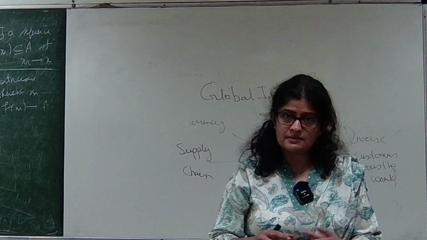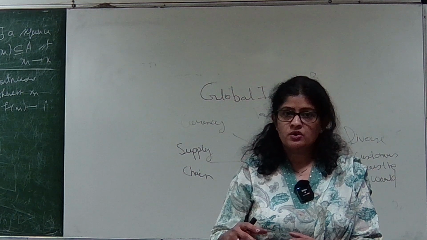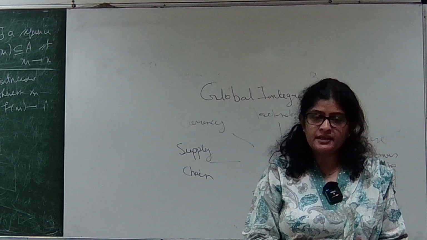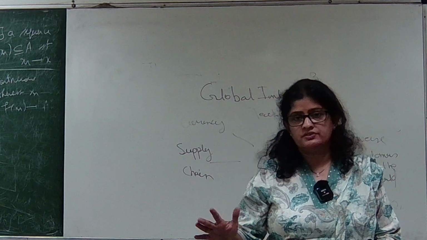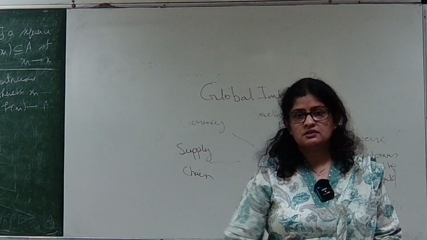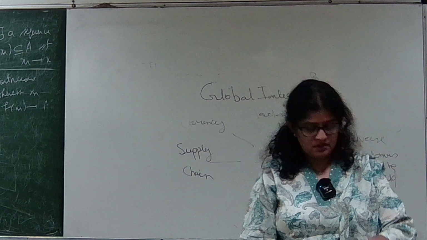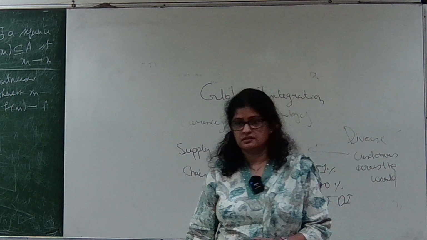All these things help in going international. So this is the beginning of international business. In the next class, we will take the entire revision of what we have learned in these 7-8 lessons. Thank you very much. We end this class here.